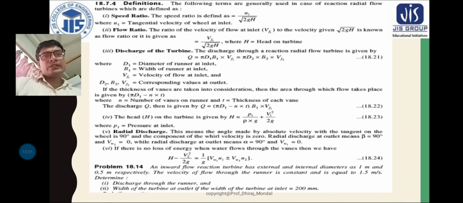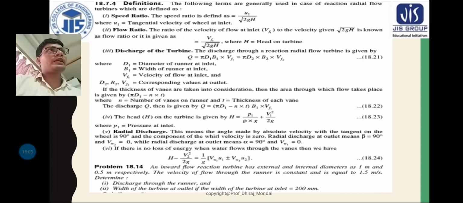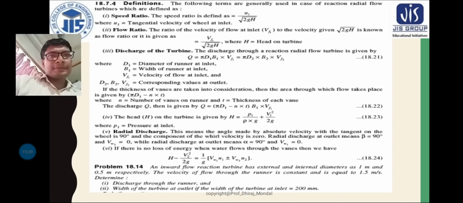Some definitions you need to know are very important from an exam point of view or for numericals. When you are solving the numerical, speed ratio is equal to what? U1 by root over 2gh, where U1 is the tangential velocity of the wheel at inlet. Flow ratio is equal to the velocity of flow at inlet by root over 2gh. Discharge Q is equal to area into velocity.